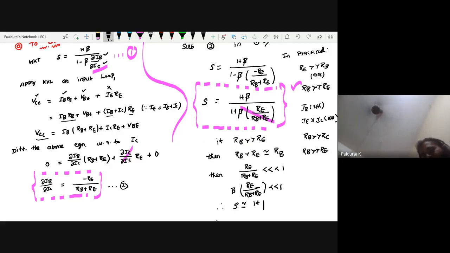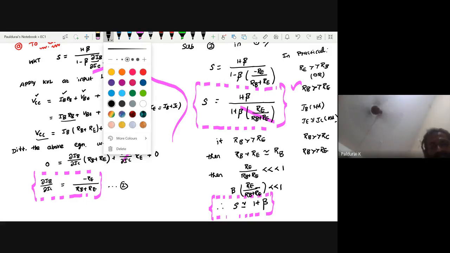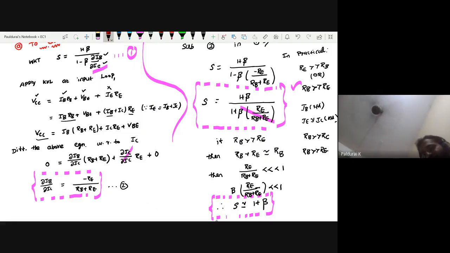Almost equal to, again the same drawback. Yeah, the Q point is maintained, stability is improved, but what is happening? High stability factor. That is the drawback of emitter bias.